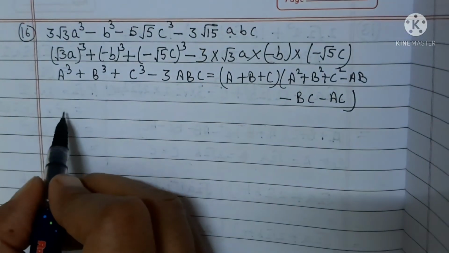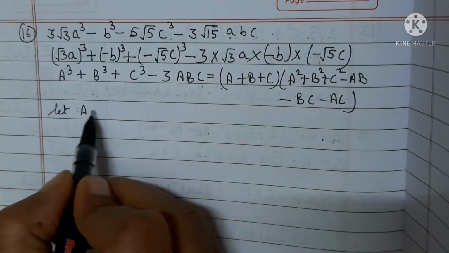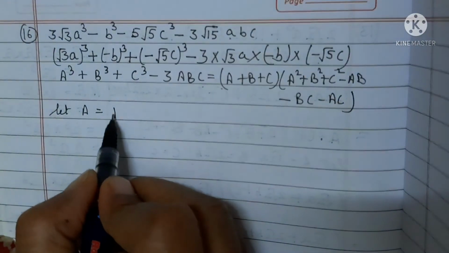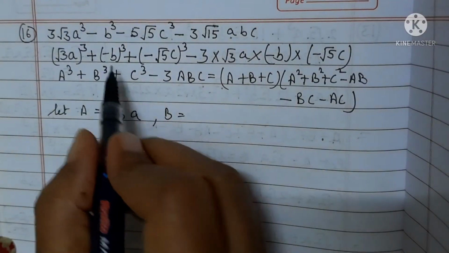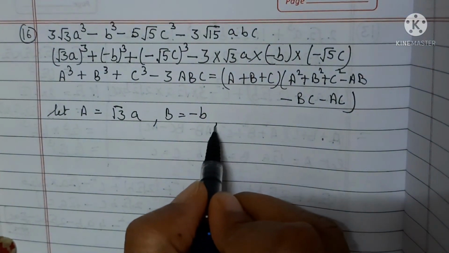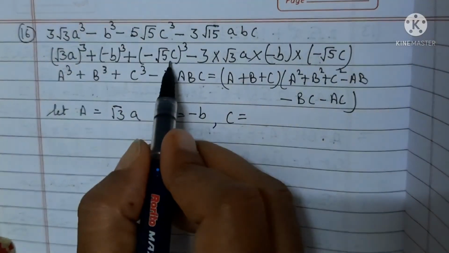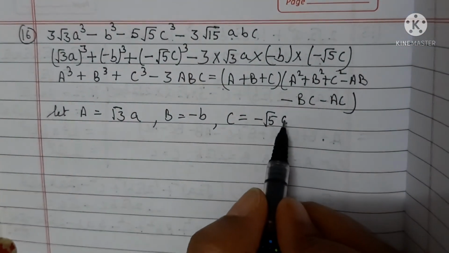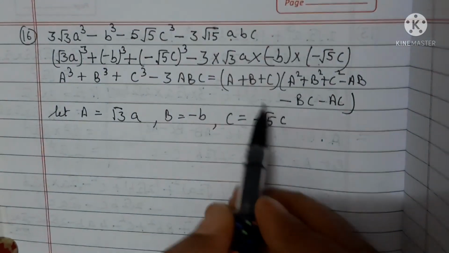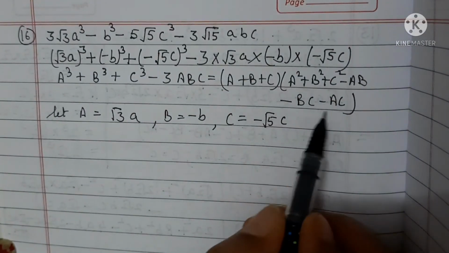Now let a be equal to √3 a, b equal to −b and c equal to −√5 c. Substitute these values in these factors.